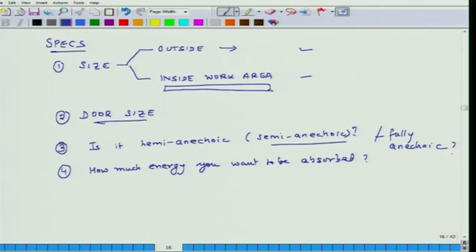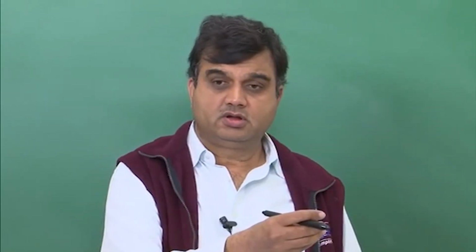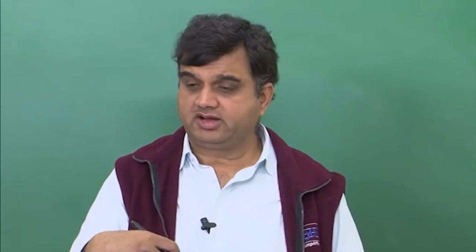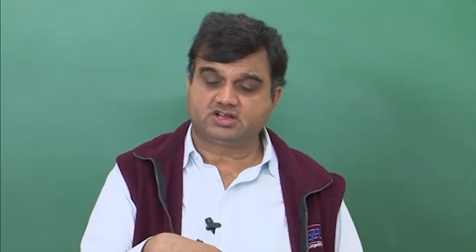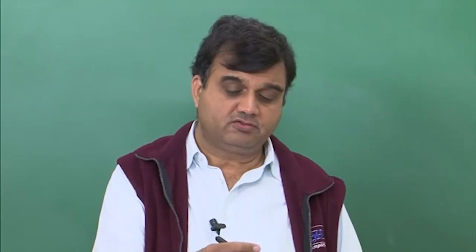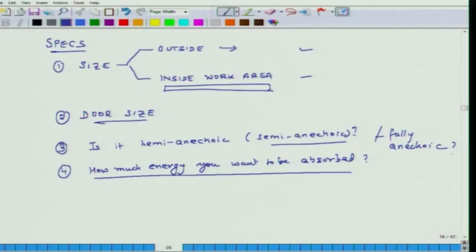So suppose there is 1 watt of energy impinging on the wall. Are we okay if 0.1 watts are reflected back, or are we okay if 0.01 watts are reflected back, or do we want even lesser? So you have to make sure that you specify this very clearly.